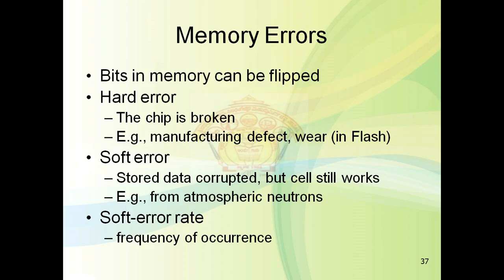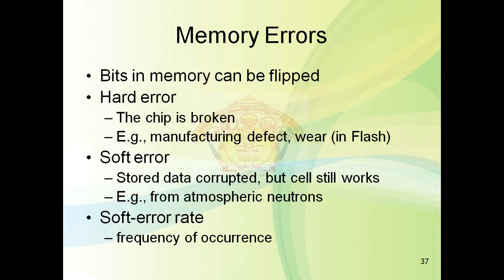One is a hard error and another is a soft error. Hard errors are due to the chip being broken. These errors are due to manufacturing defects or prolonged use, that is, the memory is worn out.